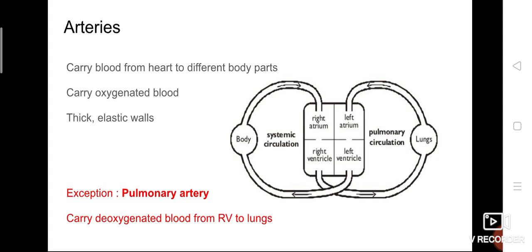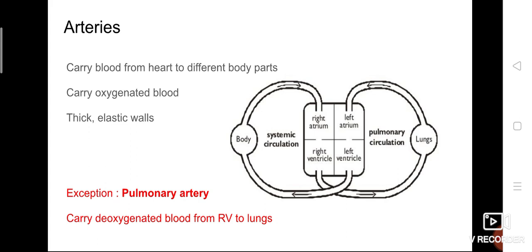Usually arteries are somewhat thick blood vessels, and they have elastic walls. Why? Because from the heart the oxygen has to reach all the cells of our body, so there is more pressure. From the heart, it supplies the oxygen to all parts of our body, so there is so much pressure for that. The blood flow will be somewhat high, so the walls are somewhat thick, and they are elastic.